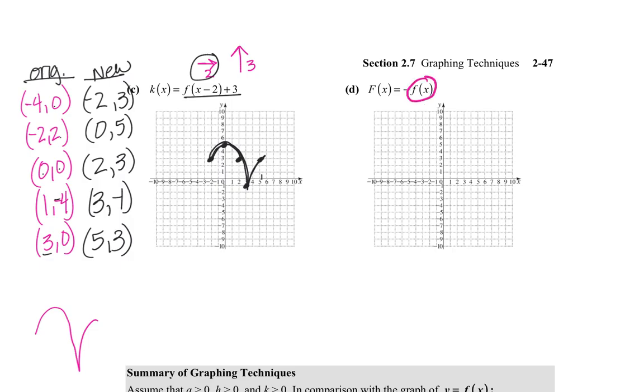Now it says to do a vertical flip. So that means that if you are turning your entire function negative, that was the reflection over the x-axis.